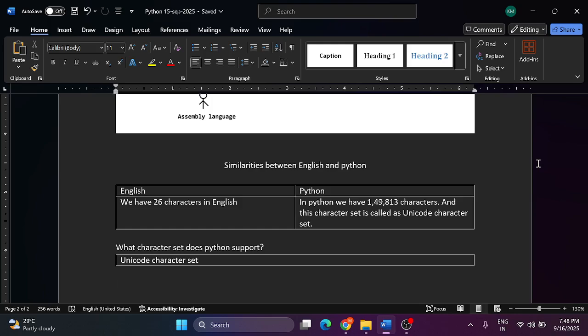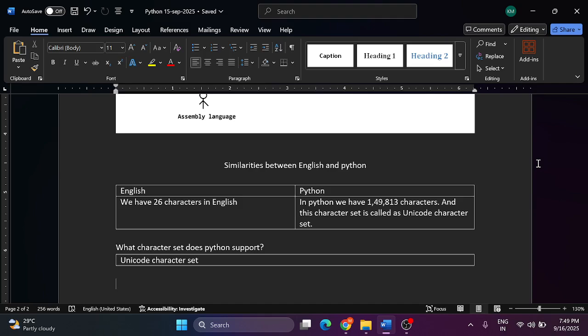Guys, if you are using a computer, just see the keyboard. How many characters are there on the keyboard? A to Z small letters, A to Z capital letters, 26 plus 26, 52. Then 0, 1, 2, 3, 4, 5, 6, 7, 8, 9. Guys, in programming languages, the digits which you see on the keyboard are also treated as characters.